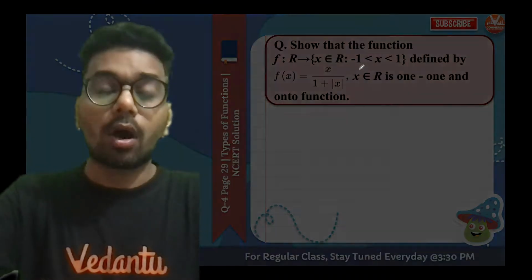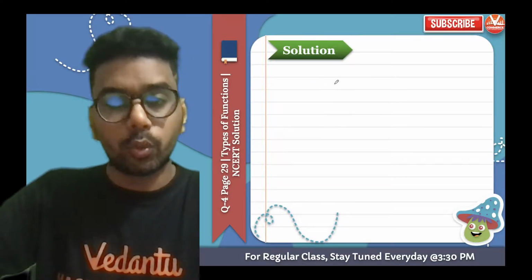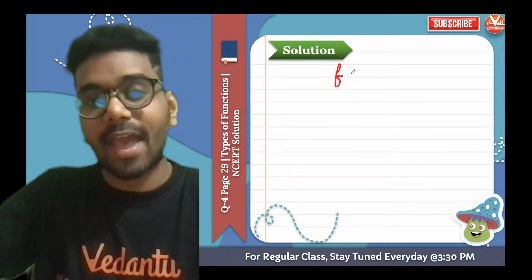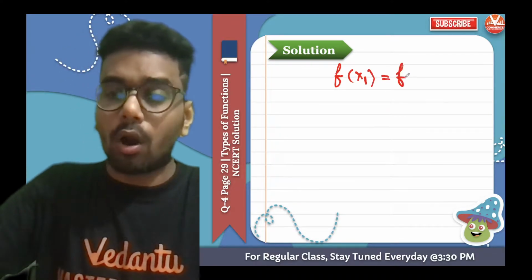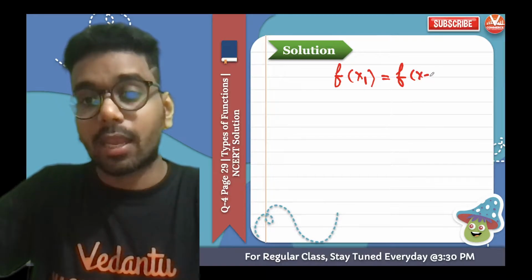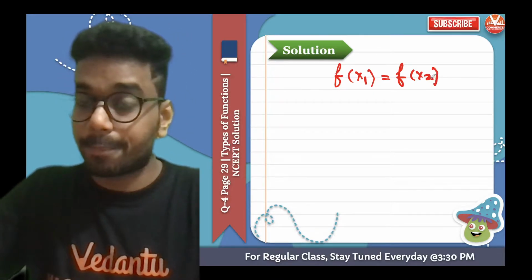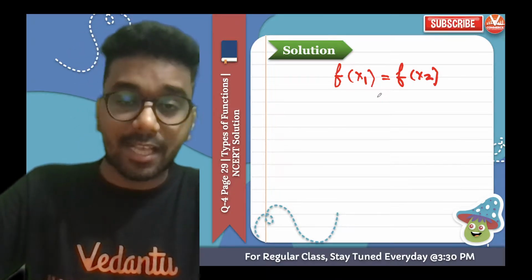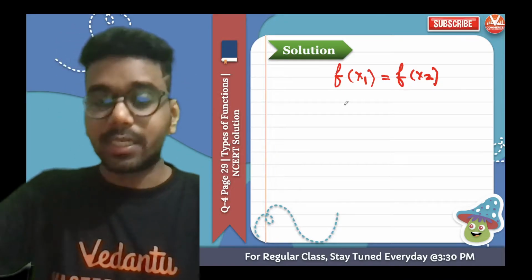Now for one-one, what we are going to do, always remember to put f(x1) equal to f(x2). For one-one or many-one, this is the check. From here, as I have said, x1 equals x2 means one-one, and x1 not equal to x2 means many-one. That's the first thing.